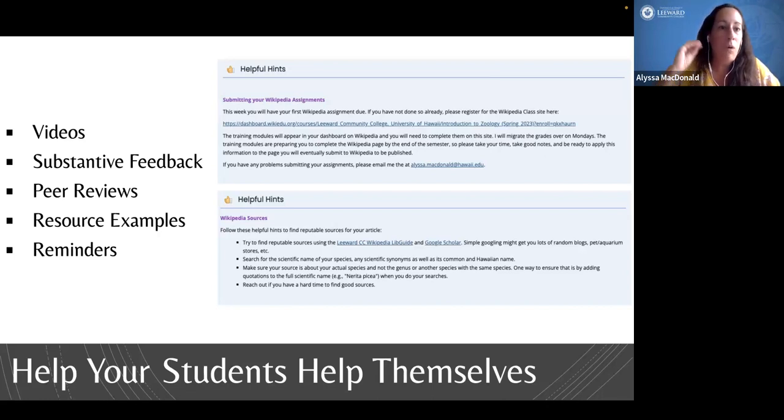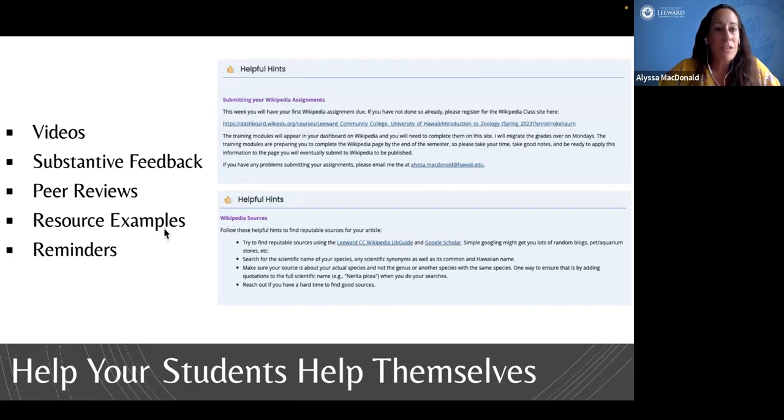They walk through how to do these assignments as well. I have a link to the LibGuide that I'd be happy to share, if anyone's interested in seeing what we've put together. They're wonderfully helpful librarians that we have on our campus. They're super engaged in this activity, and they've been promoting it around. So hopefully, Helaine, you'll get a bunch of requests from Leeward to join this.